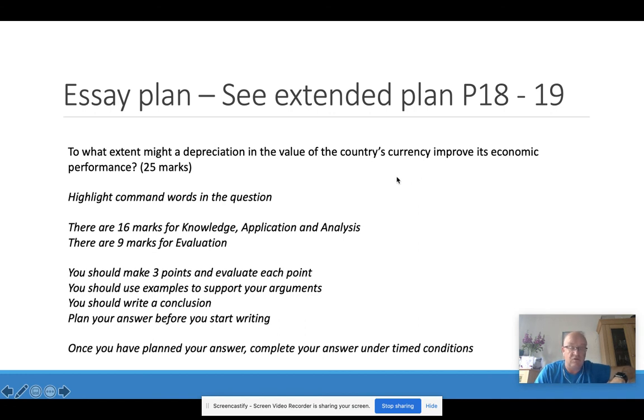But you could just as easily apply these same principles to any other 25-mark question. So a little bit of work for you to do. The guidance within your booklet should help you, but also the more that you practice this process, the more that you actually attempt to write your essay, the better you're going to get at it.